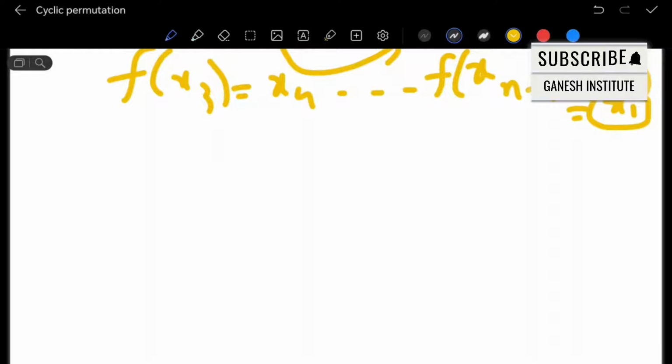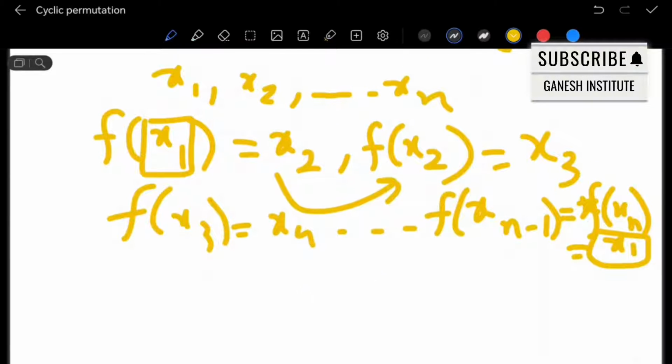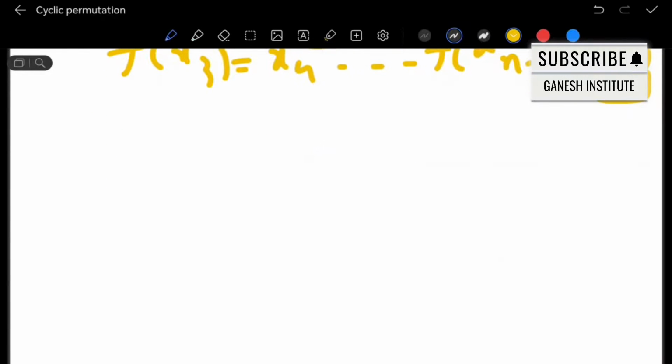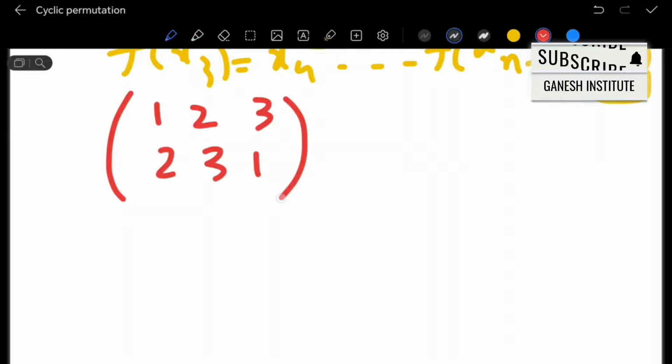Now, how many elements do you have here? n. So it is of length n. For example, if I'm talking about this bit, let's say (1 2 3) connected to (2 3 1).